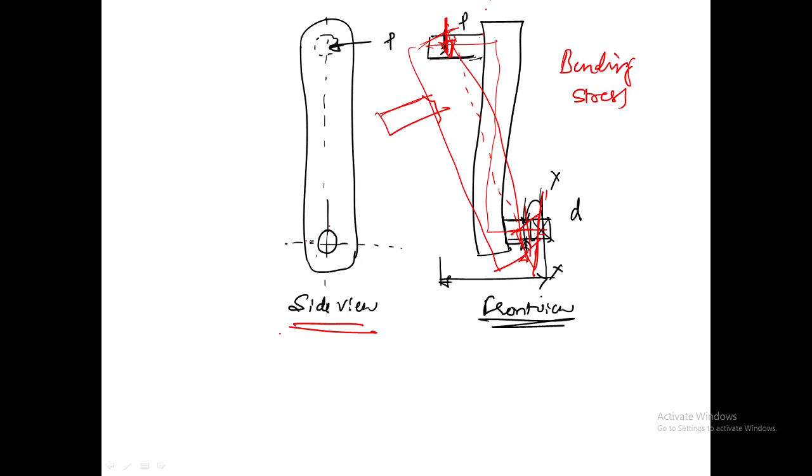Now this is the fixed position of your shaft. Now the load is acting here, at a certain radial distance. So this tries to twist this arm in this way.